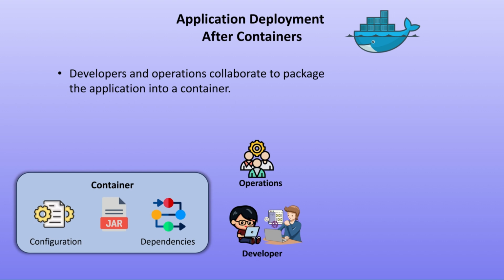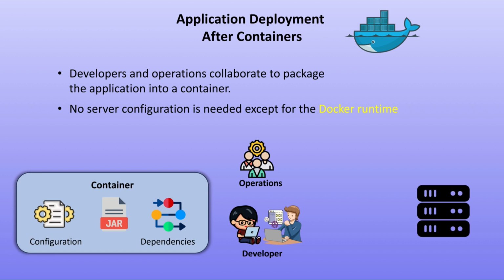With containers, you don't need to worry about system-level dependencies or version mismatches, as everything required by the application is bundled inside the container. The operations team simply needs to pull the image, and the application can be run seamlessly across any server. This approach also supports faster scaling, as containers can be replicated quickly and run in parallel across multiple servers to handle increased load.